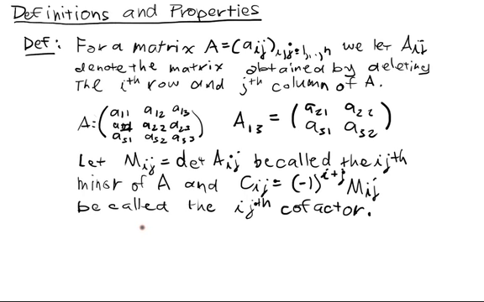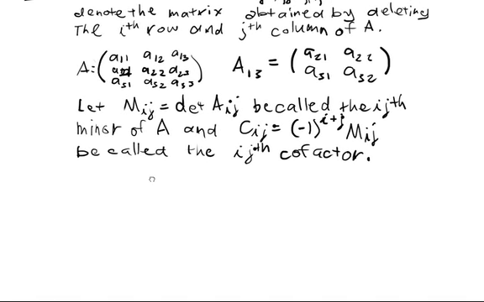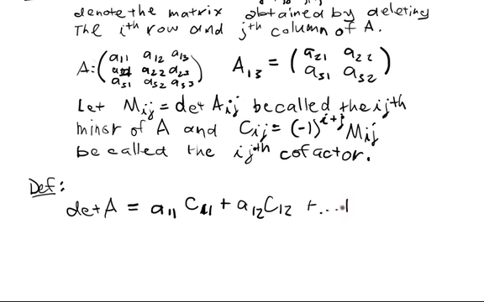So now we're going to actually be able to define the determinant of a matrix in terms of these quantities. And the definition we're going to use is generally called the Laplace expansion of the determinant. So definition: the determinant of a general matrix A, we set equal to, and this is an expansion along the first row, A11 C11 plus A12 C12 plus all the way up to A1n C1n.